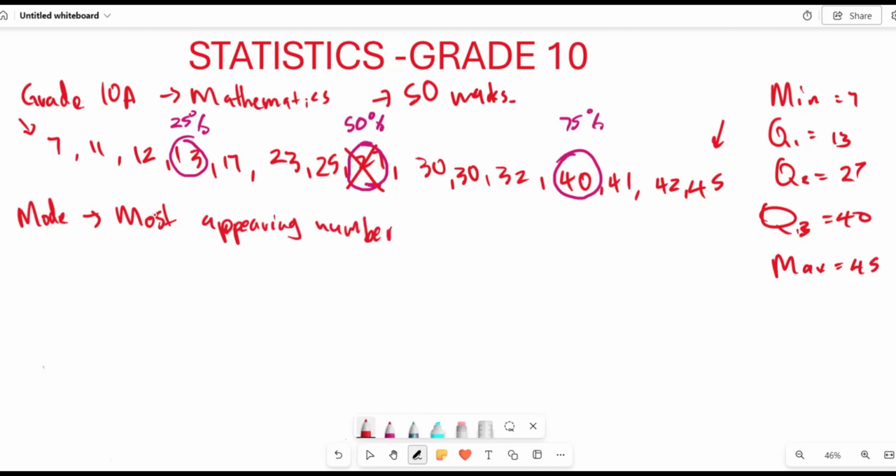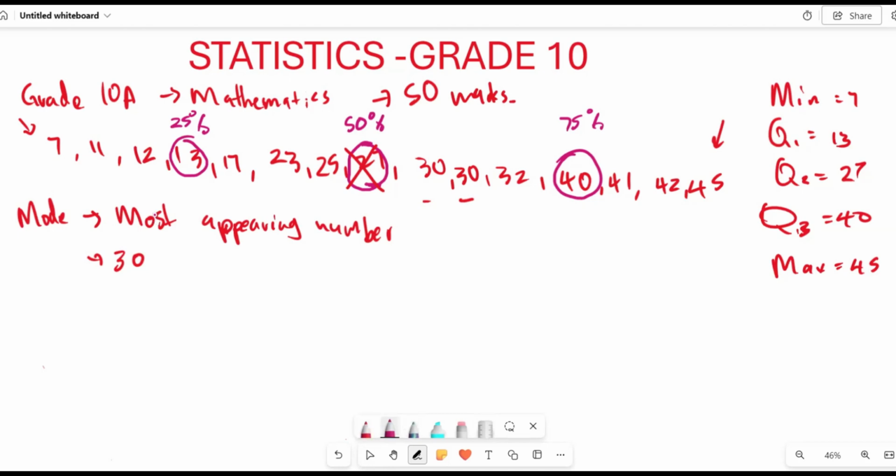Once again, when we speak of mode, the number that mostly appears in this particular data of ours is 30. So the 30 here is going to be our mode.